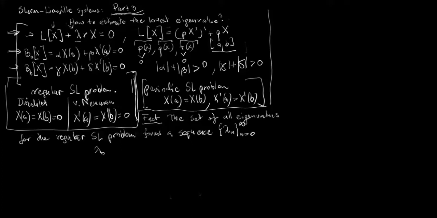So there is lowest eigenvalue, then there is next one which is bigger than this one, and so on, and there are infinitely many of them, the next one being larger than the previous one.